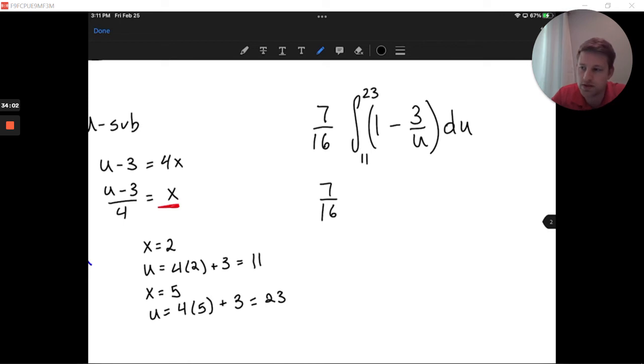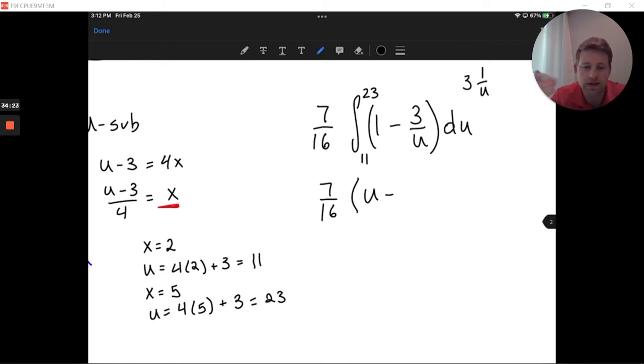7/16 can be kept outside. My antiderivative for both of these terms, first with 1, is just going to give me a u. And then minus, we have 3 over u, which is really 3 times 1 over u.